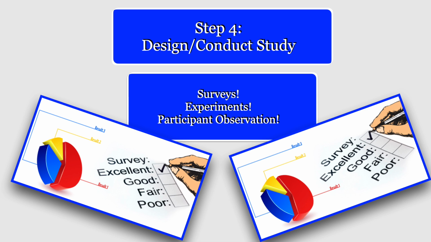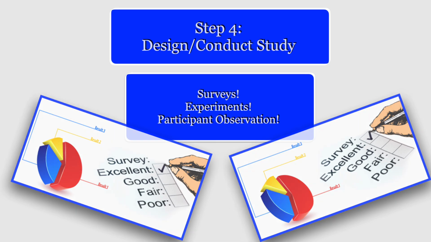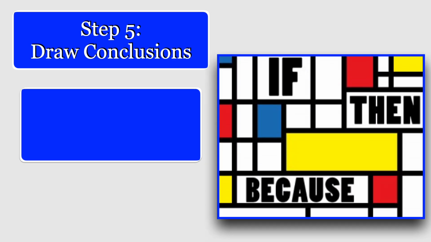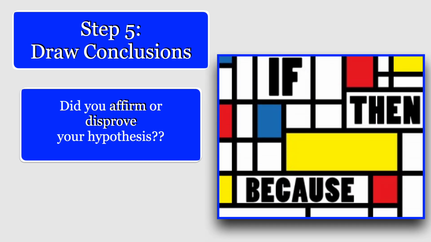So then once we do either the survey, the experiment, the participant observation, or a combination of all three, we draw our conclusions, right? And we look at our evidence and we try to figure out, did we affirm our hypothesis? Does a lack of sleep cause cheating on exams?